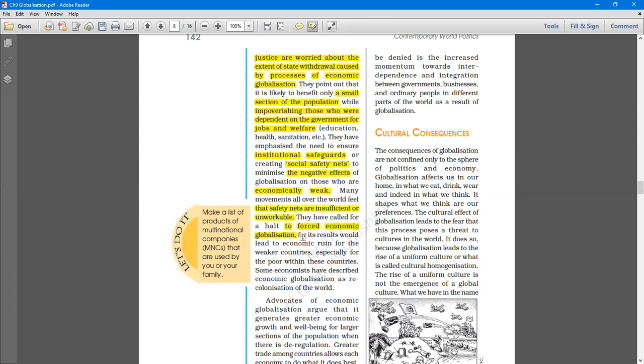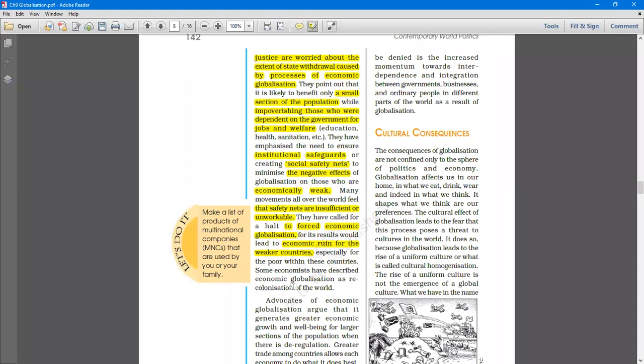So many institutions, political groups, international groups, and non-governmental organizations throughout the world have been clearly saying that forced economic globalization must be stopped, because its result would lead to economic ruin for the weaker countries, as much of the benefit will be taken only by the bigger countries. Especially the poor within these countries will suffer the most. They are the vulnerable. Therefore, forced economic globalization must be stopped.